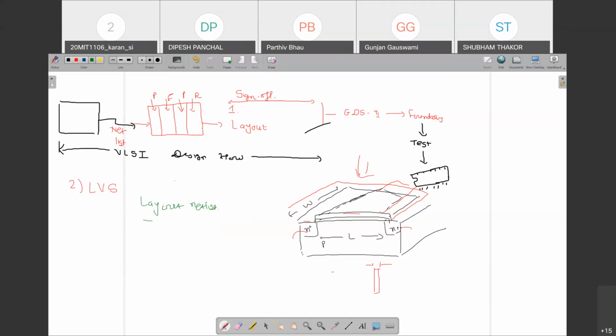This layout netlist is compared with the circuit netlist. If both are the same, then your LVS errors are 0. So the three major sub-checkpoints: one is short circuit, one is open circuit, and the third one is parameter mismatch.